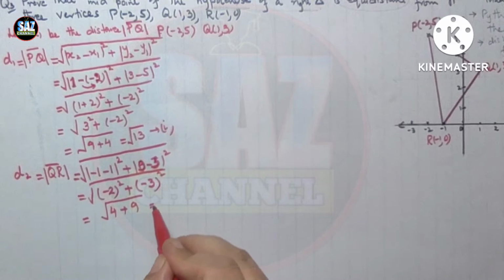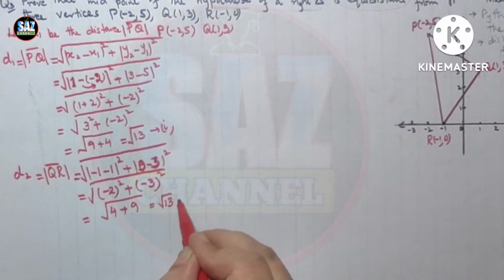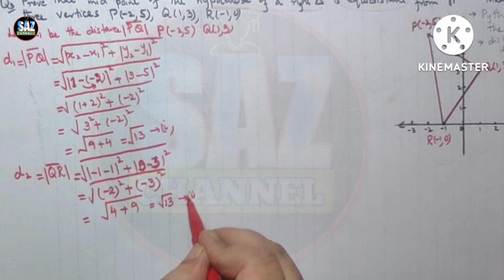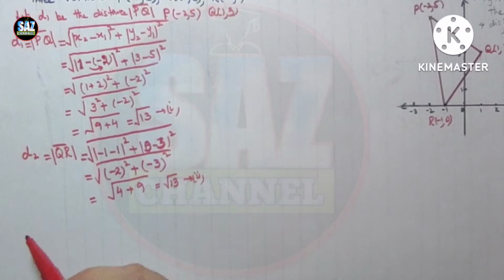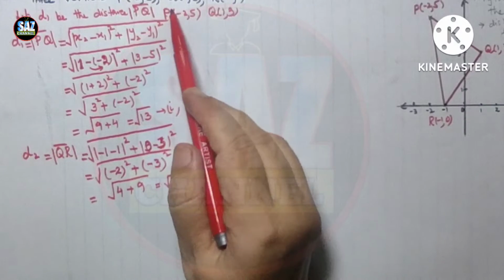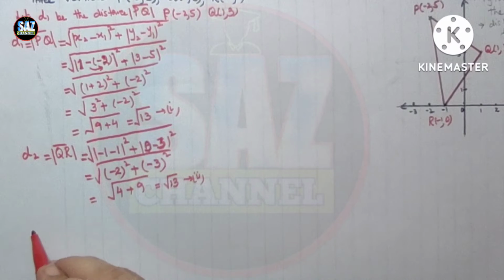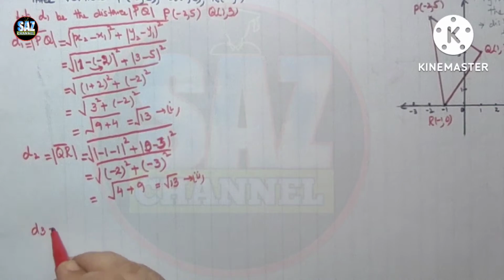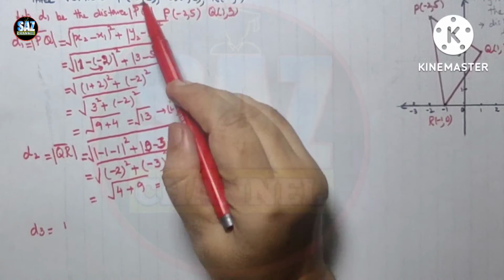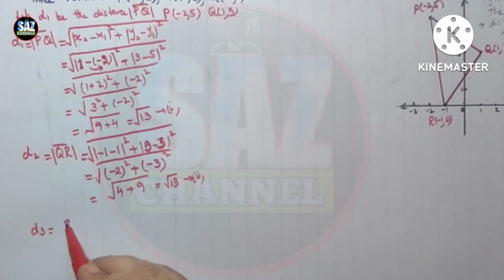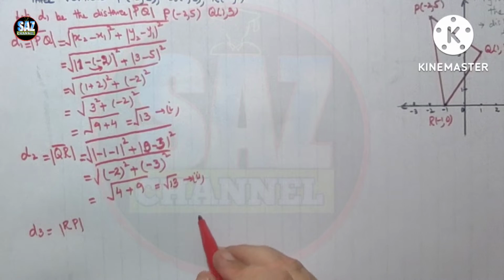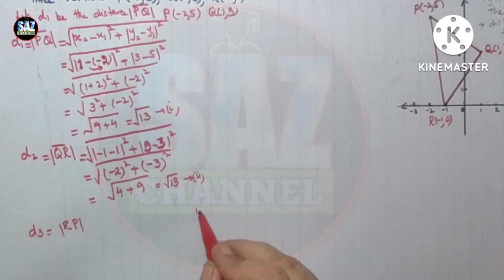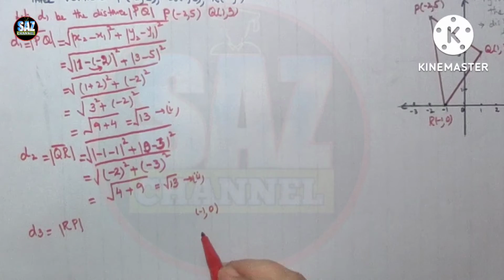And then we have got the answers of P to Q, Q to R, and now R to P. D3: PQ, QR, RP. R and P. R has the coordinates (-1, 0), and P has the coordinates (-2, 5).